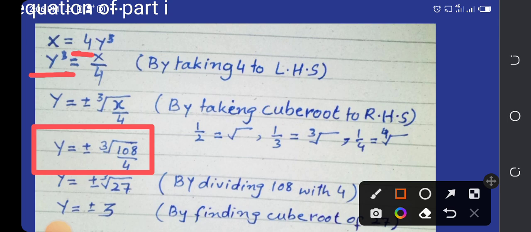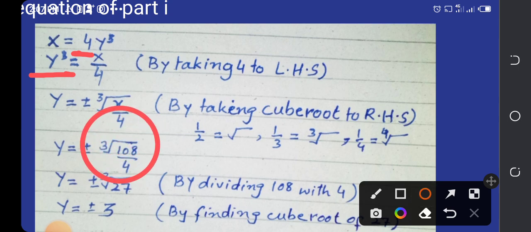First of all, we will remove this fraction by dividing 108 with 4, and we get 27. The index remains there.